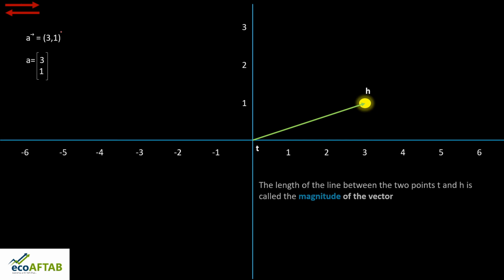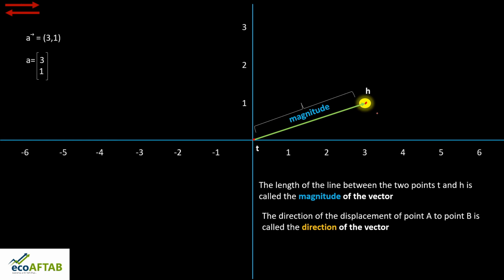As I told you, the length of the line between the 2 points T and H, from this particular point to this particular point, is called the magnitude of the vector, and the direction of the displacement, meaning from point T to point H, in which direction this is moving, that is called the direction of the vector.